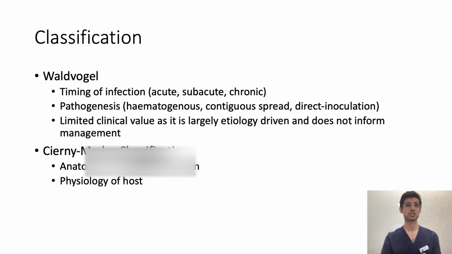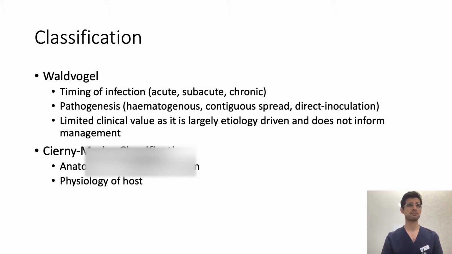Acute being less than 2 weeks, subacute 2 weeks to a month, and then chronic being anything over a month, as well as by its etiology in the pathogenesis, whether it's spread via blood or a non-hematogenous spread, so contiguous or direct inoculation of the bacteria. It has a fairly limited clinical value, as it's largely just about the etiology and does not inform management.